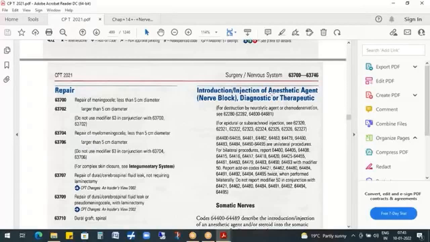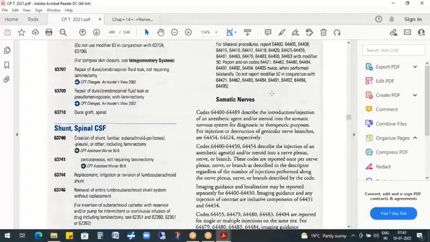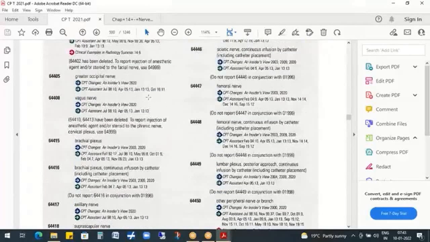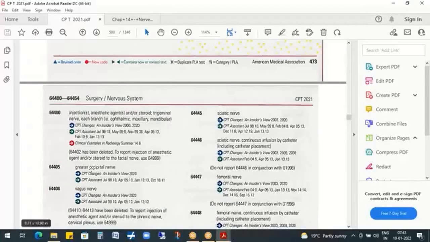Can you see the anesthetic agent for nerve blocks? That is the first procedure. We need to look for the nerve. Here, can you read the code description 64405?